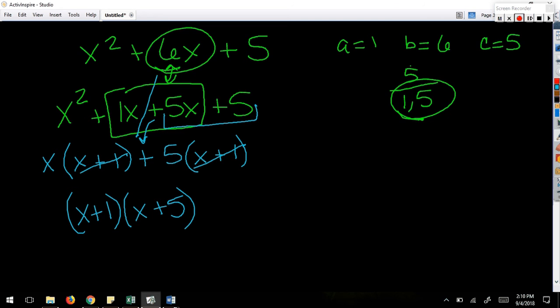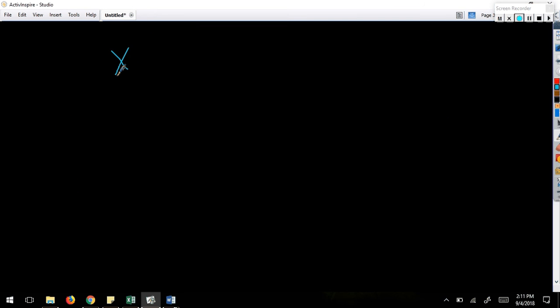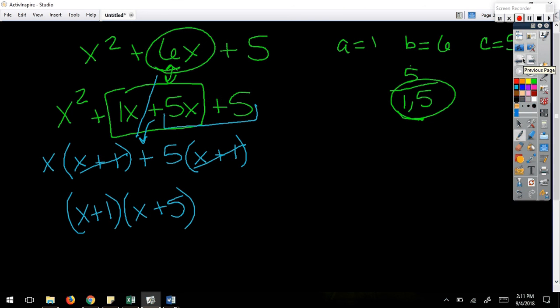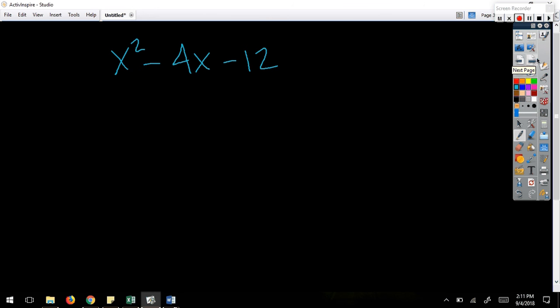Let's do another one. Okay, minus sign in it. This is number 2. Does it have a GCF? I'm sorry. X plus 5, x plus 1. All right, does this next one have a GCF?